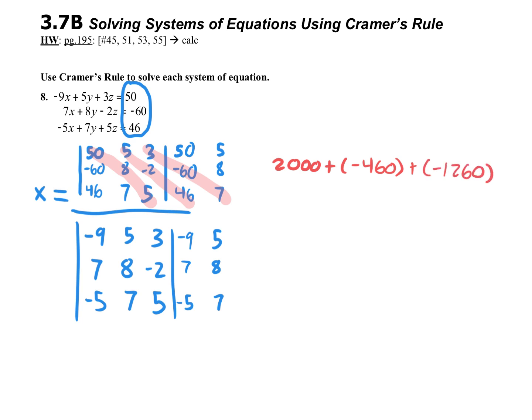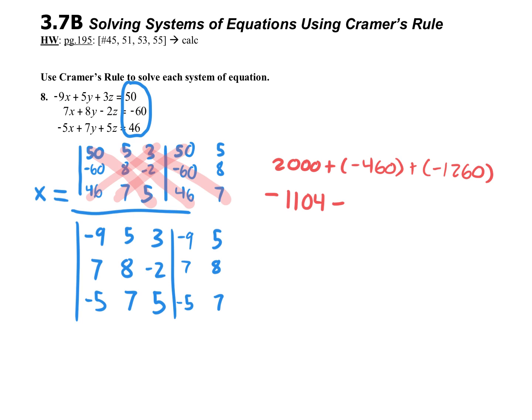And now we're going to subtract the following 3 products. All right, so first up we have these 3. 46 times 8 times 3, that is 1104. Right, minus, now multiplying these 3 numbers together. The first 2 make negative 14.